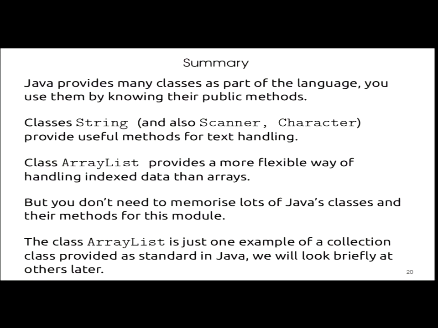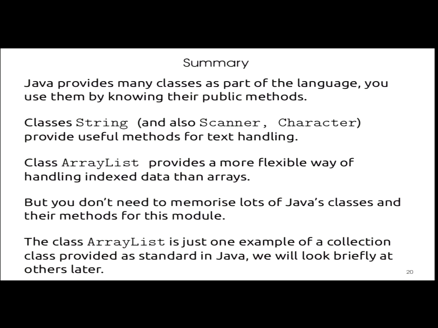We saw that the string class is very useful for handling text. We also saw a bit in the example how to use scanners, which are very good for reading text. And then we also focused on array list, which is, if you like, a more evolved way of using arrays. So it's like arrays with a lot of methods added to them.